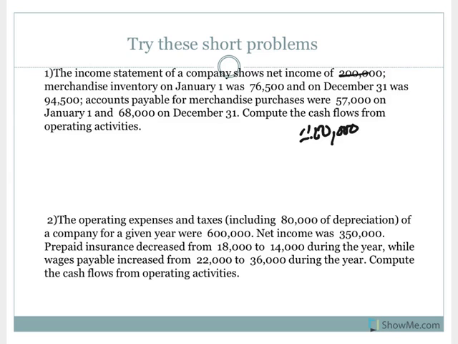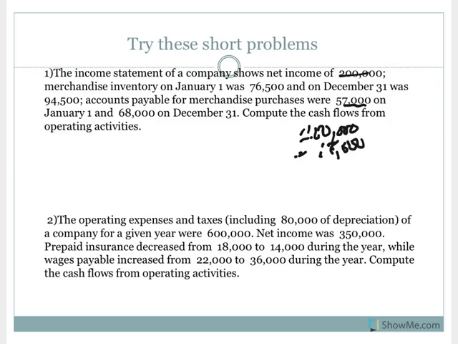The merchandise inventory on January 1st was $76,500, but it increased to $94,500. So that's an increase of $18,000. Well, that would be an investment. So that would be a use of cash, so we subtract $18,000. We're trying to figure out how much cash we have generated from operations. However, the accounts payable here was $57,000 and it went up to $68,000.